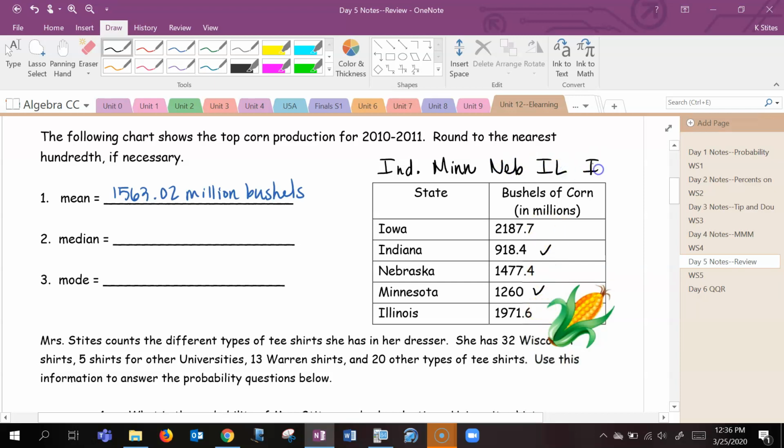And then Iowa. Okay, so this is the order we need to go in, and we'll just go left to right, and we'll find the number in the middle, which actually is Nebraska. So that's 1477.4 million bushels. And mode, we can see that none of these values are the same, so there is no mode.